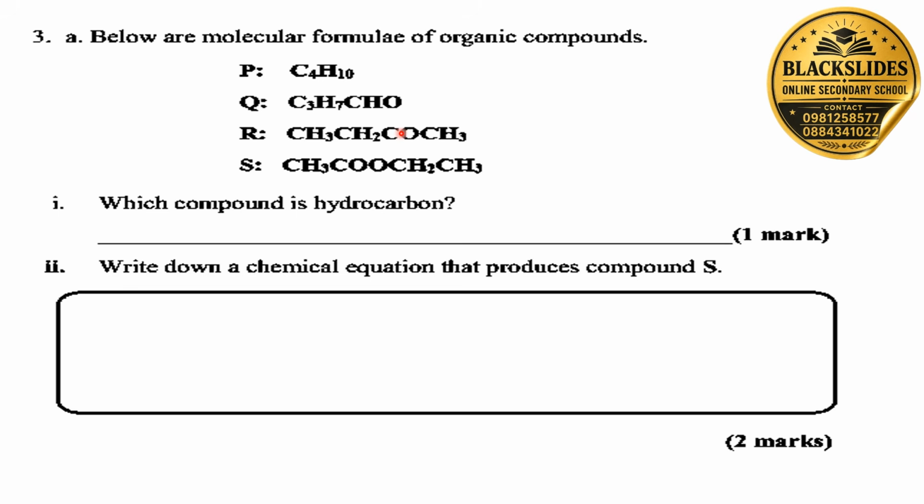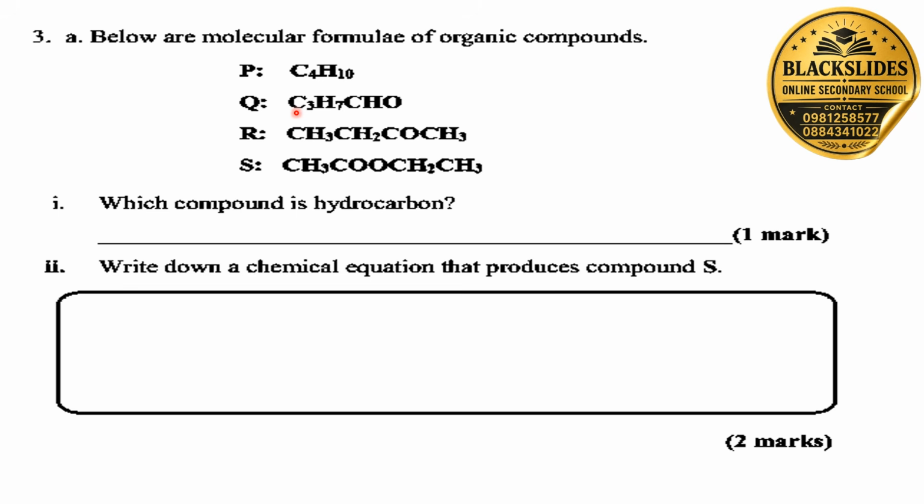And R is a ketone, which is also called an alkanone. How do we know? It has a carbonyl group, and it has alkyl groups on both sides. So this is an alkanone.